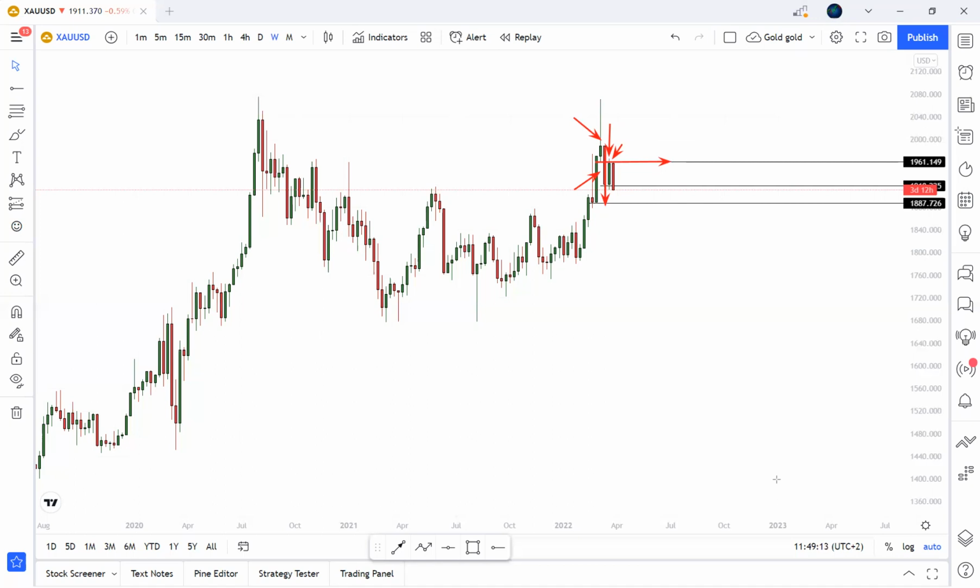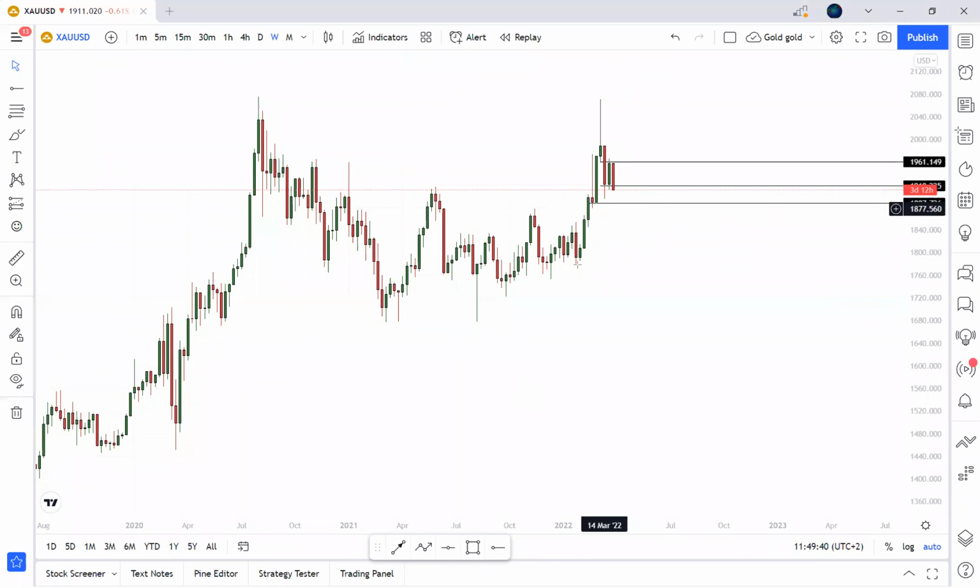Now, if price is rejected and even broke our previous week's low, that's very interesting, in terms of now we need to see how today is going to close. Today needs to close below our last week's low, and we know that the trend has changed. Price is trying to push lower, and then we can expect price to reach our next low. We have highlighted our next low in this area, as you can see.